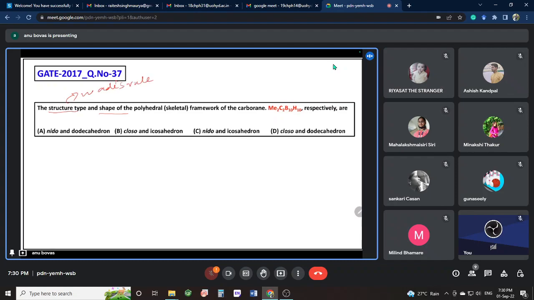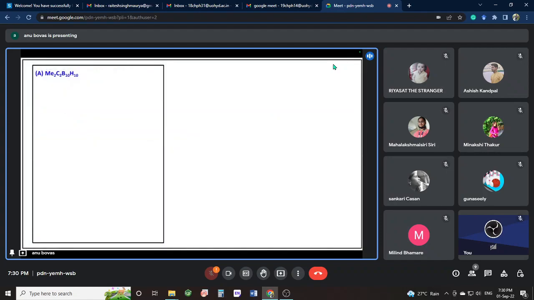So we have to find the skeletal electron pairs, or from the formula we can find the structure type: nido, closo, arachno, whatever it is. And now the second part is the shape of the polyhedral framework. That we will learn, how to find the shape of the polyhedral framework of the carborane. So first of all, let us find the structure and then move to the second part, that is shape.